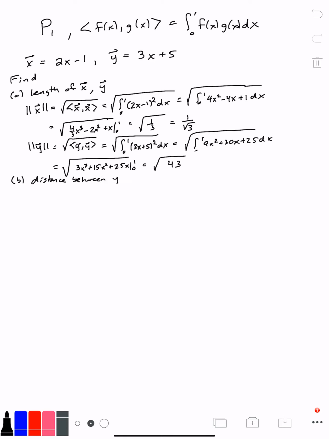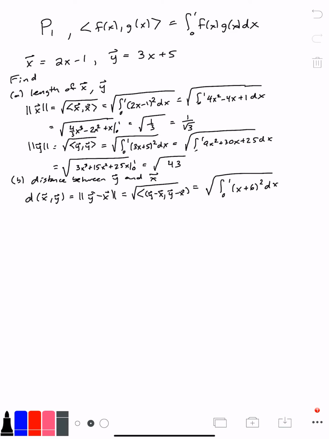Let's find the distance between y and x. So the distance of x to y is the norm of y minus x. It doesn't matter which order you subtract them in here. So that's going to be the square root of the inner product of y minus x with itself. So let's see here. What happens when you subtract these two functions? 3x minus 2x is x. 5 minus negative 1 is going to be plus 6, squared.